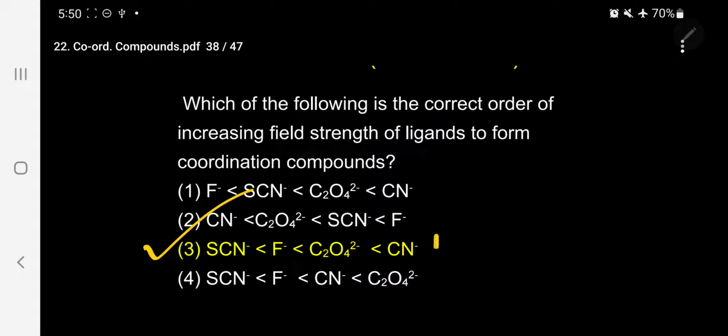That means CN is the strongest, next comes oxalate, next comes halogen, next the thiocyanate. So this is the correct order of ligand field strength. This should only be a memory based question, no theoretical explanation required.